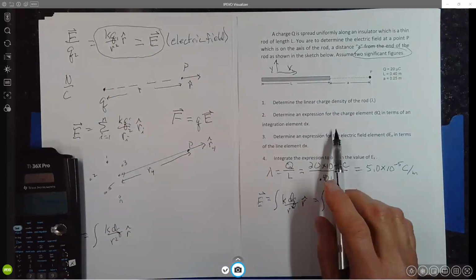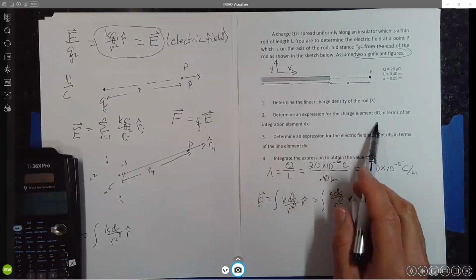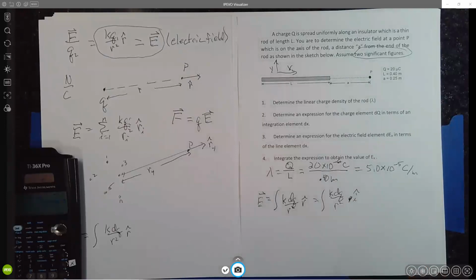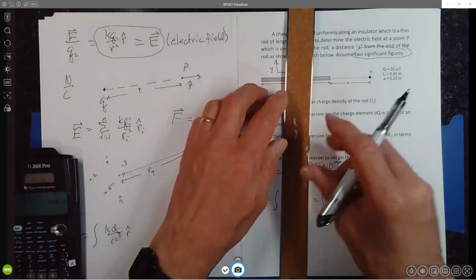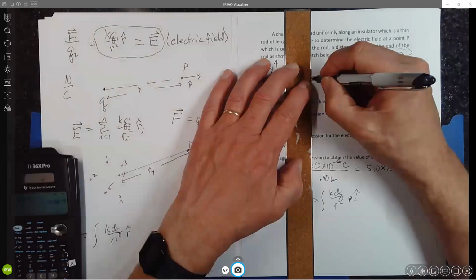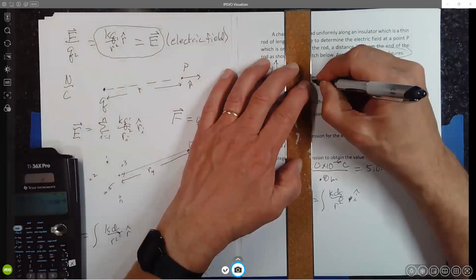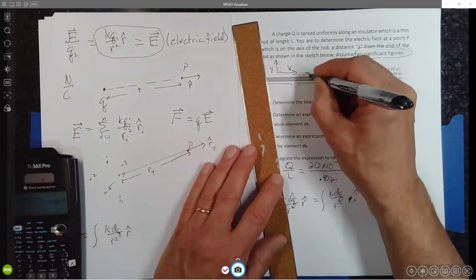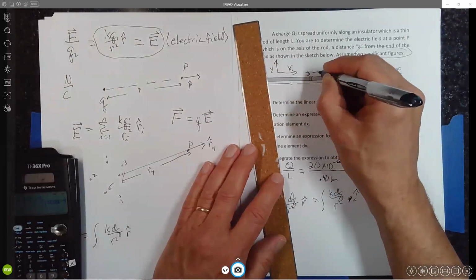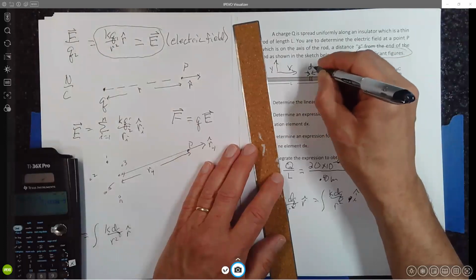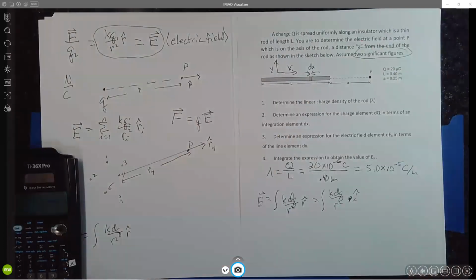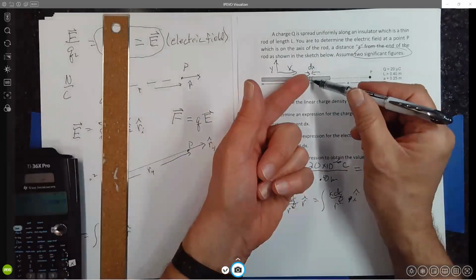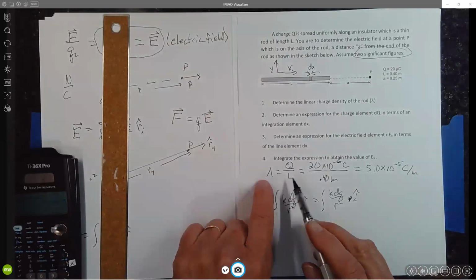All right, now I want to determine an expression for the charge element dq in terms of an integration element dx. So I'll imagine some little thin chunk of this thing that just has a length dx. This is just like what I did yesterday. The charge on that chunk is going to equal lambda dx.